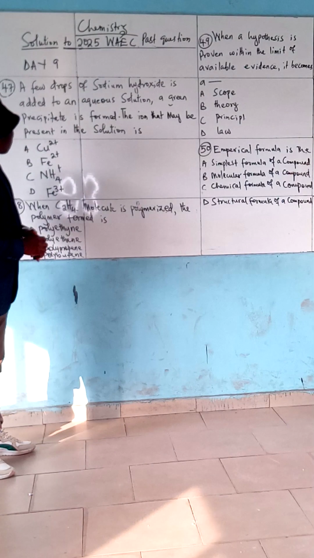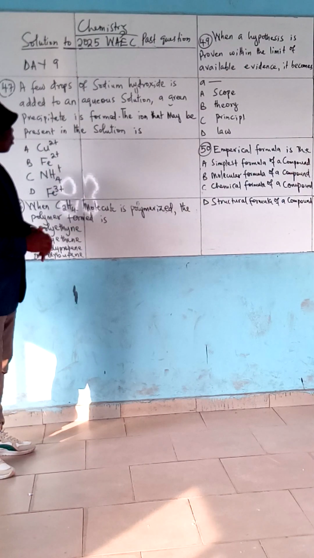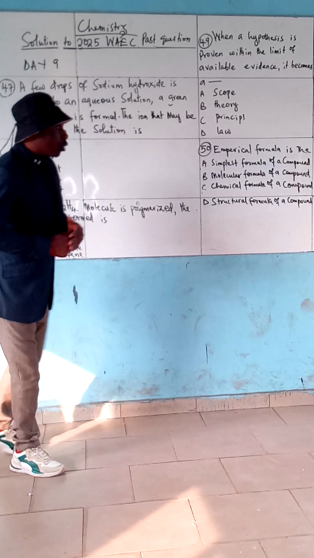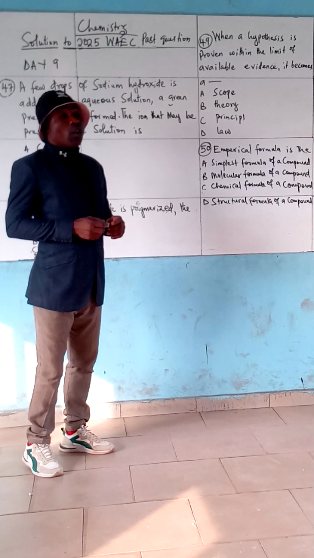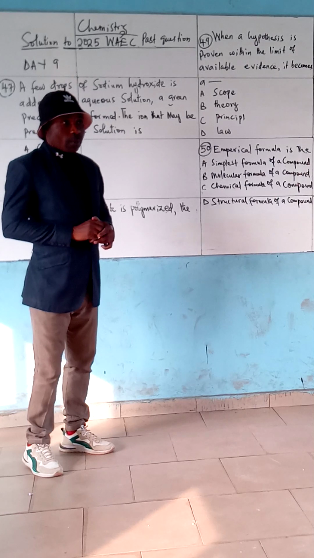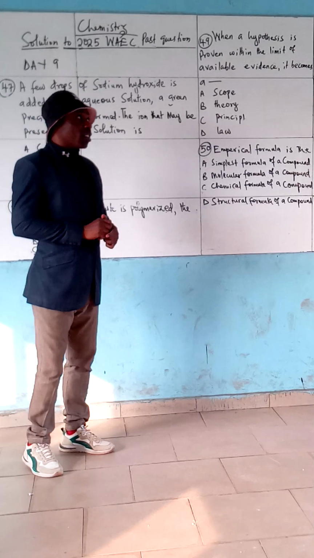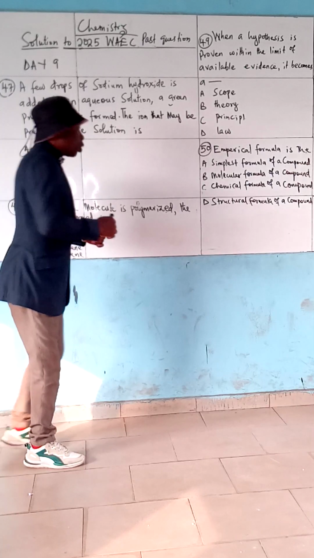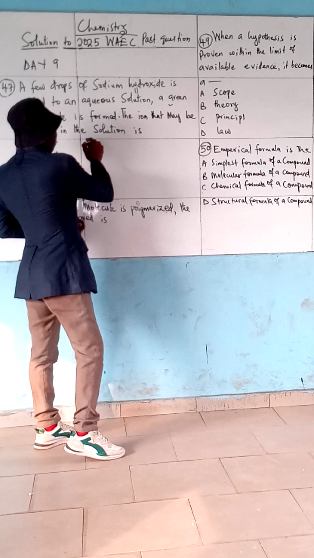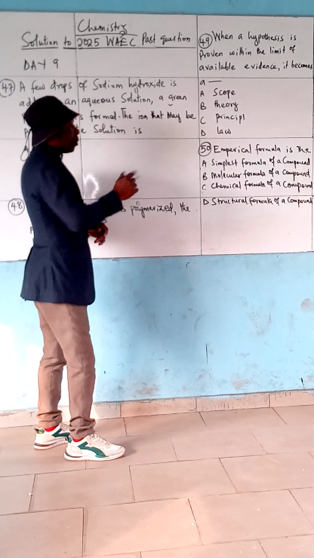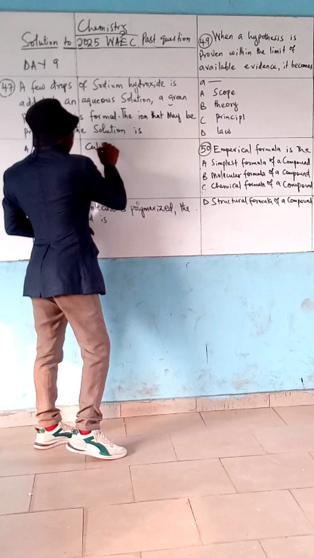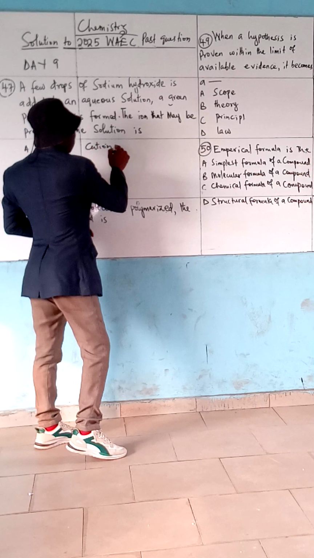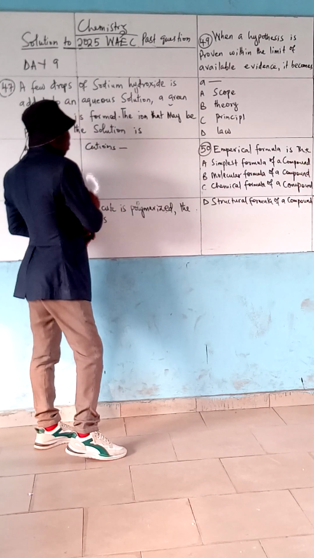Okay. Now, the second aspect of practical chemistry is called qualitative analysis, otherwise known as salt analysis. In salt analysis, there are four things you are out to do. Number one is identification of cations, which is the positively charged ions.